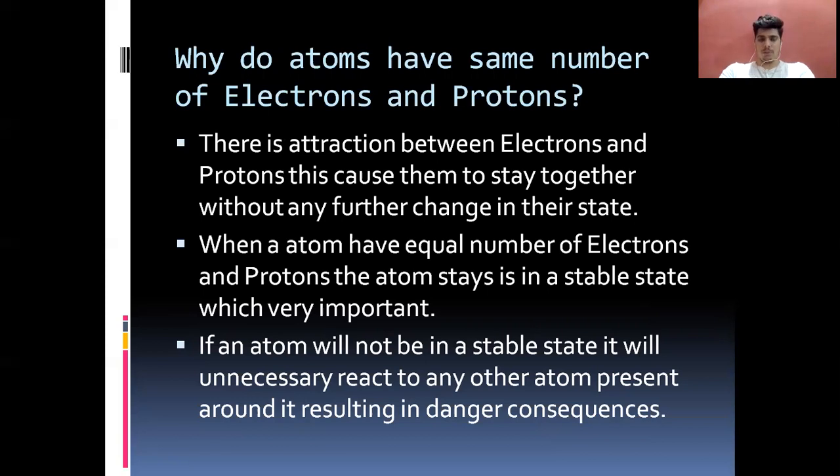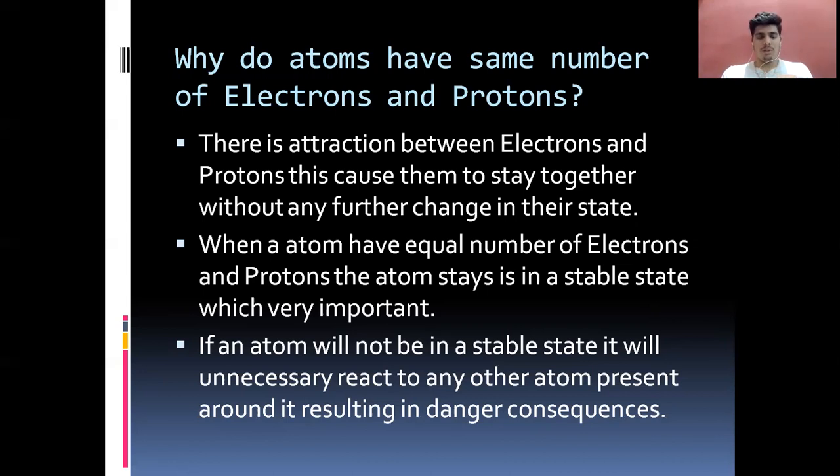Why is it important that the atom should be in a stable state? If an atom is not in a stable state, it will unnecessarily react to any other atoms present around it, resulting in dangerous consequences.